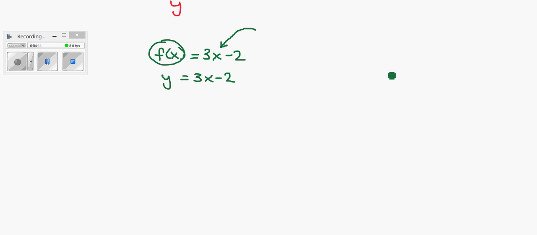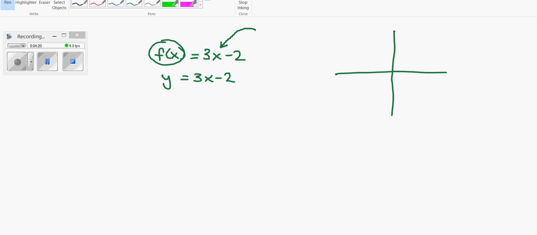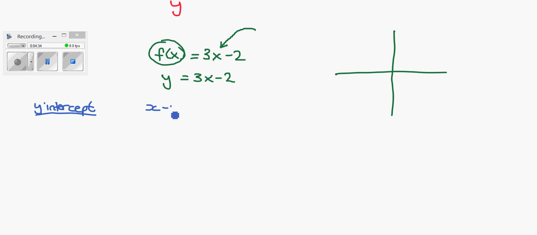And then when we want to graph this line to see where it goes on the coordinates, we're going to take a few points. And the points that you probably would have looked at when you're doing a line is the y-intercept, the x-intercept, and probably one other point.